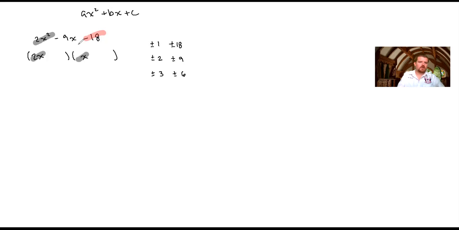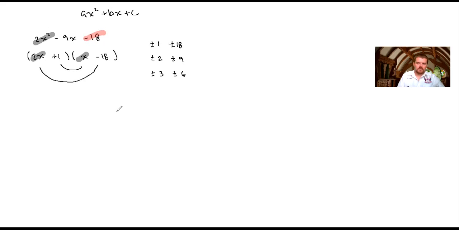So maybe I just pick one at random. I say, okay, 2x plus 1 and x minus 18. If I were to do that, again, I already know first, 2x times x is 2x squared. Last, 1 times negative 18 is negative 18. I'm checking to see if the outside and inside terms add up to negative 9. So I would do 1 times x plus negative 18 times 2.